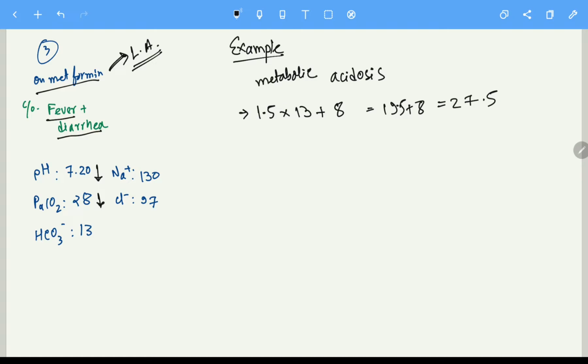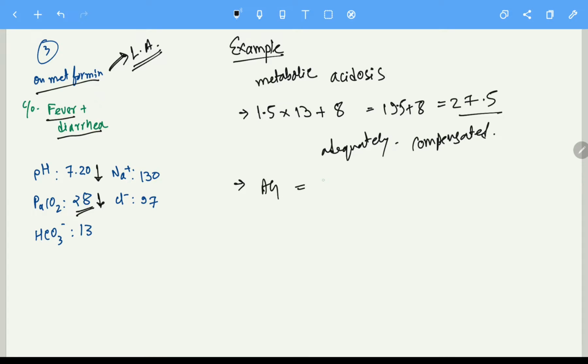So this should be the PaCO2 value. The PaCO2 value is 28, 27.5, close enough, so it is adequately compensated metabolic acidosis.